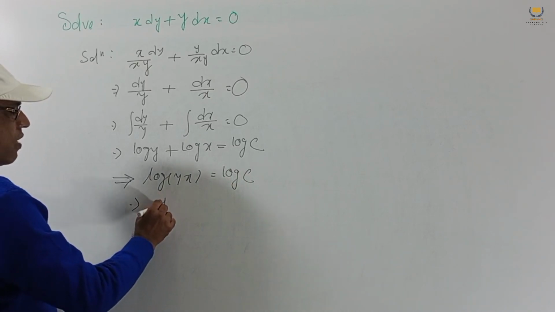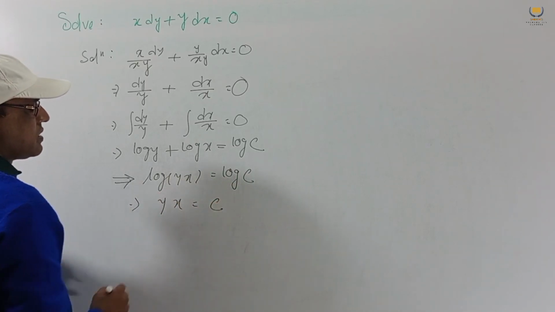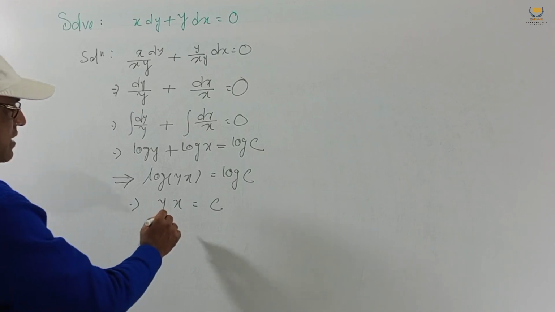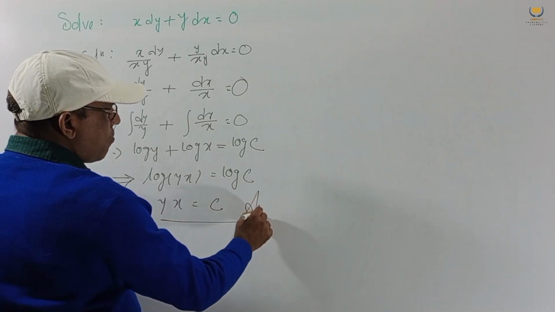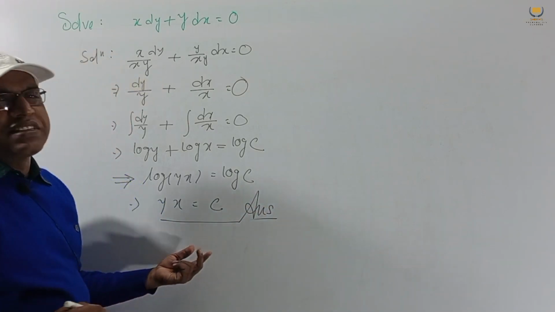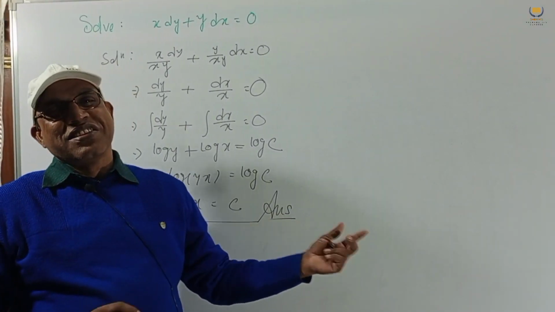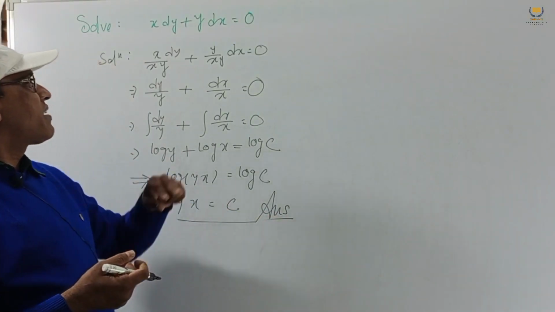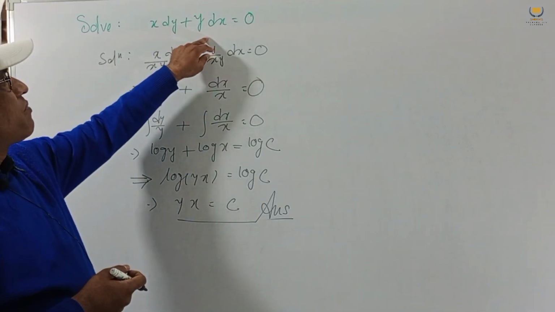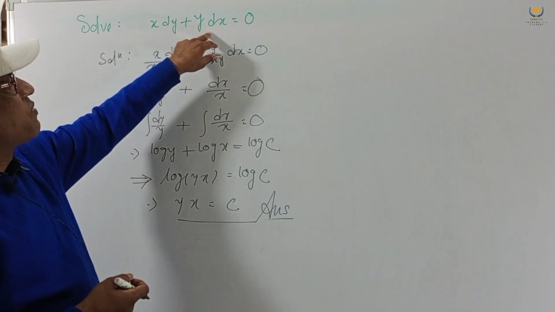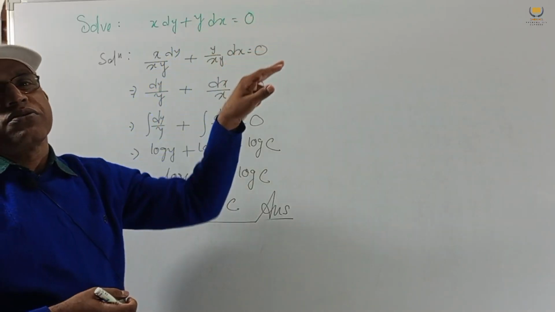Then yx equals c, and this is our final answer. Very easy and very interesting. Just find the main factor, x and y, and divide both sides by it to get the result.